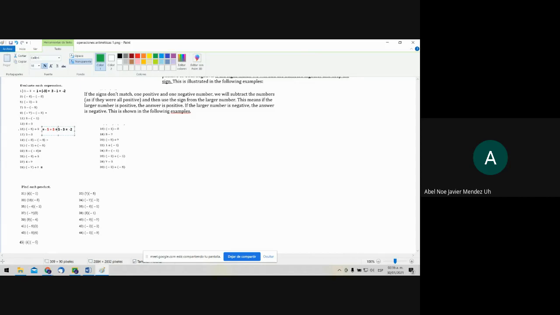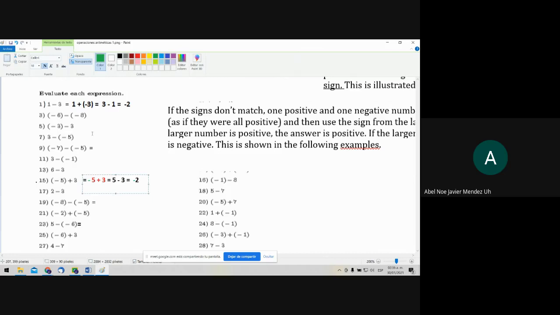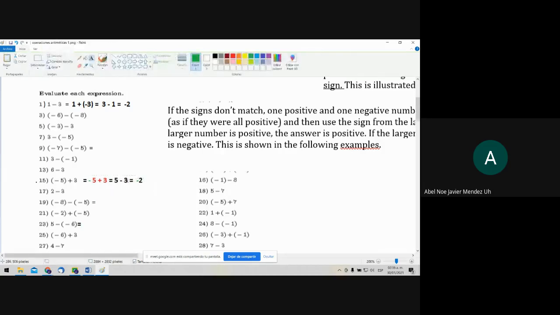Okay, that's number 15. Okay, therefore 5 minus 3 equals 2, with the negative sign: negative 2. That's the answer.